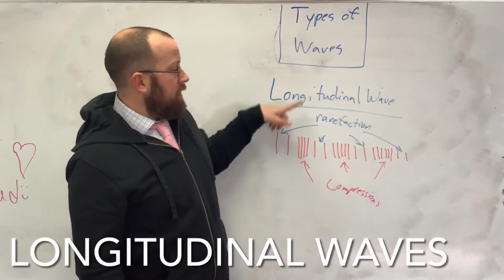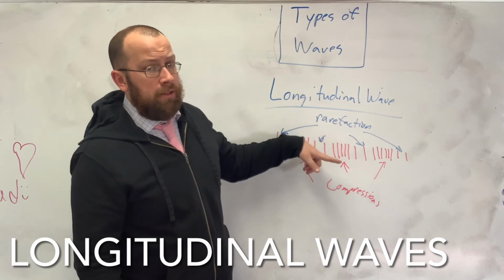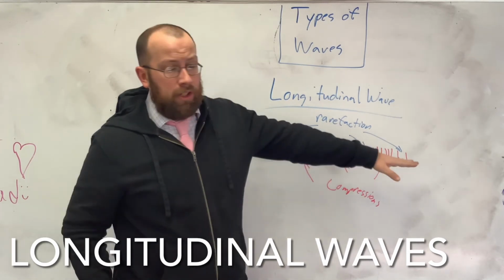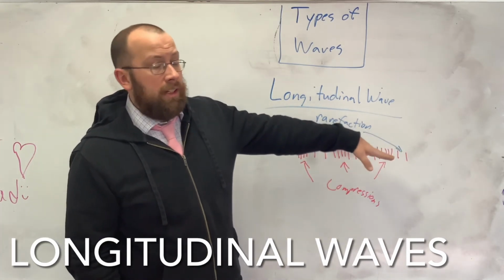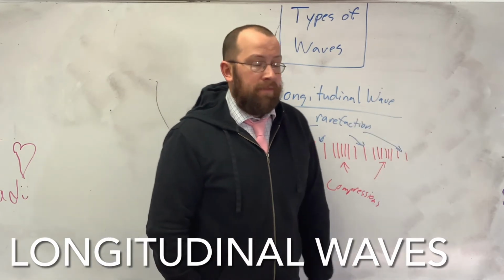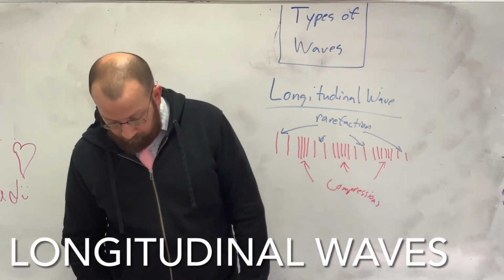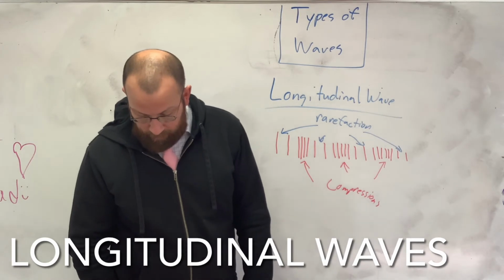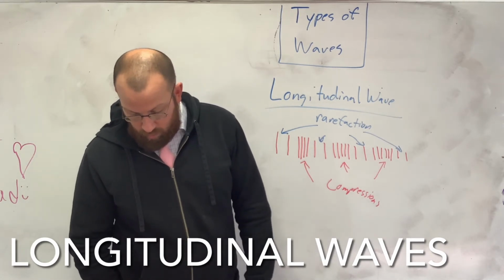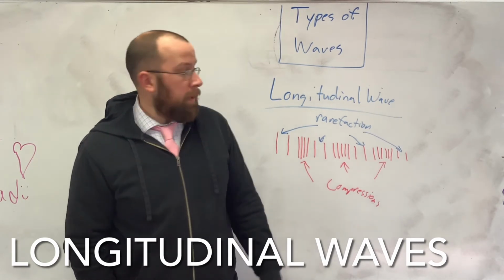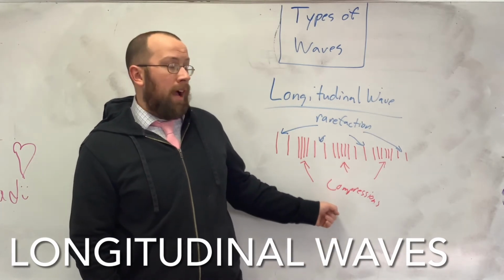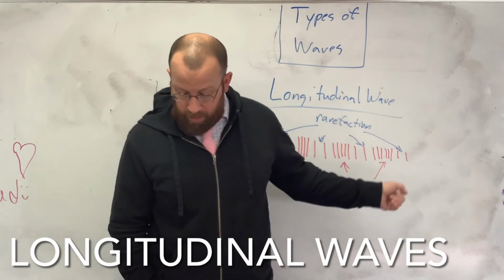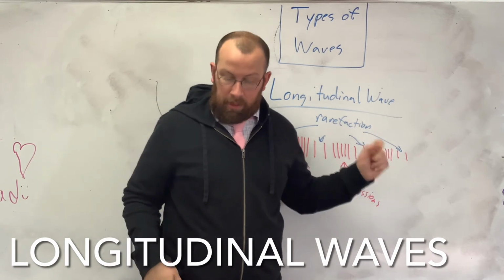Whereas the transverse wave was perpendicular to the direction, this moves in the same direction. It sends energy in the same direction as the motion. A primary earthquake is a longitudinal wave. That's all you need to know about longitudinal waves.